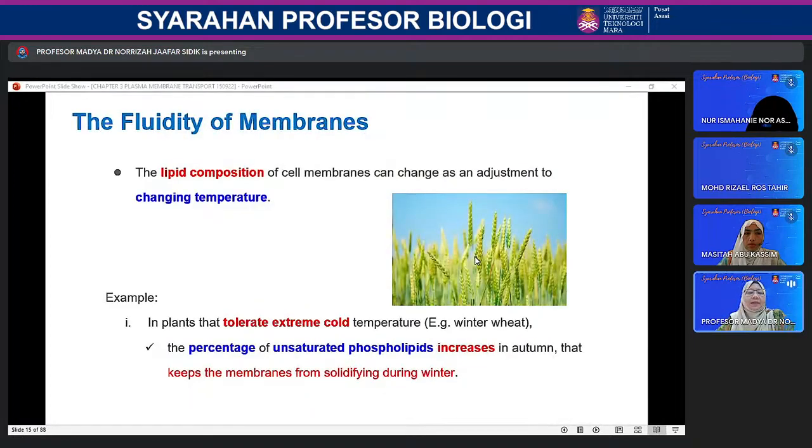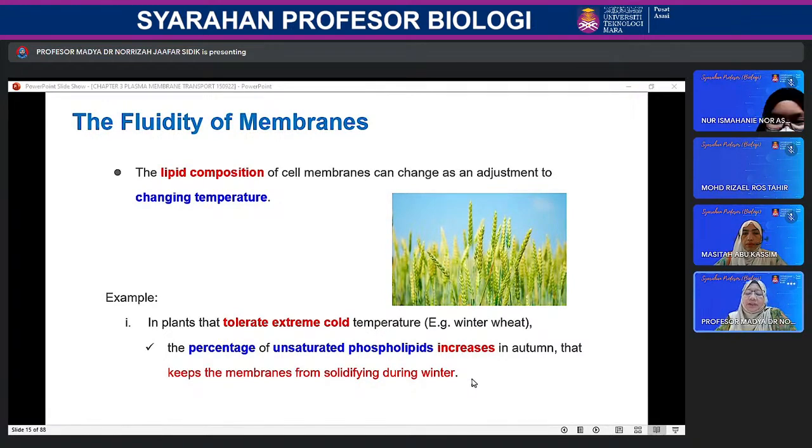Now we look at another example. This picture shows the winter wheat. This plant can tolerate extreme conditions. In the extreme cold, the unsaturated phospholipid will be increased. Why? So that it can keep the membrane from solidifying during winter.